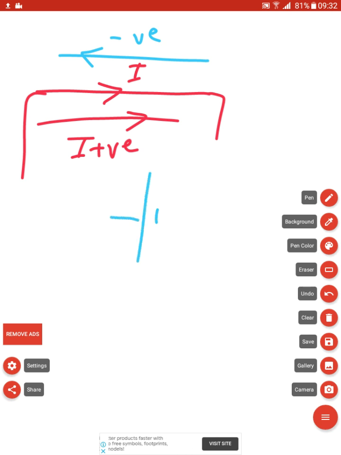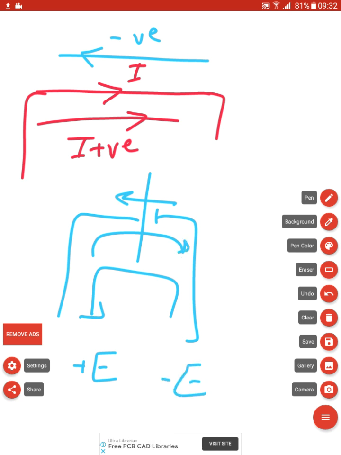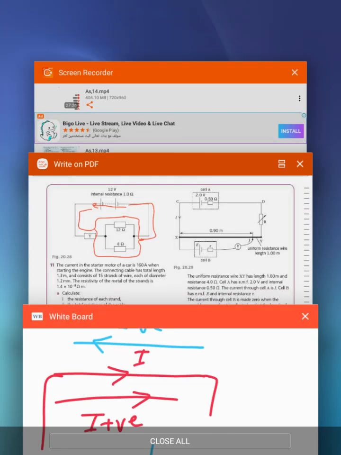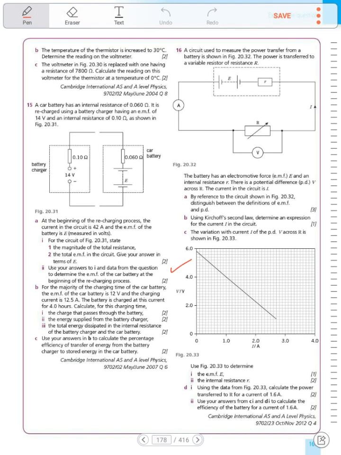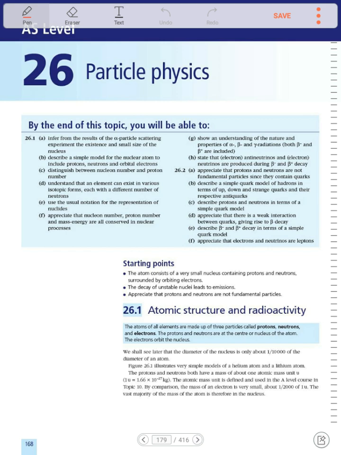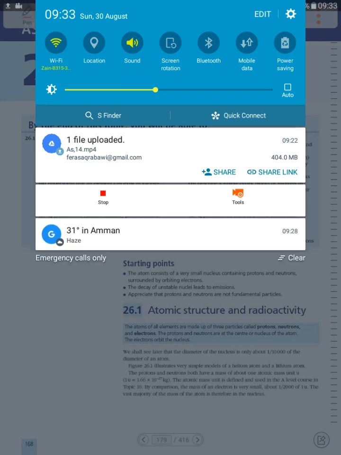If you have a power supply and you move through a circuit in the same direction as the power supply, your value of EMF is positive, and when you move in the opposite direction, your value of EMF is negative. We have many examples on Kirchhoff's law, and you have to solve many questions. It's very easy if you follow the rule and put the right value, positive or negative, according to the direction of the current.